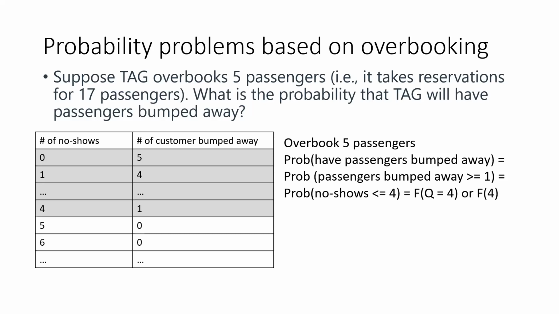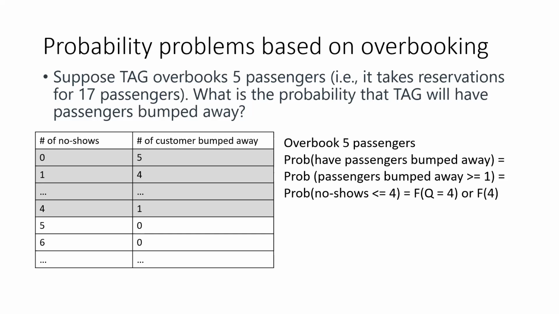Bumped away literally means the customer was forced to leave. They hold a valid reservation, but there are no seats for them. If you have 6 no-shows, you still have 0.